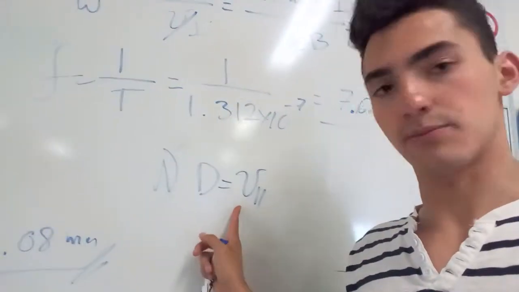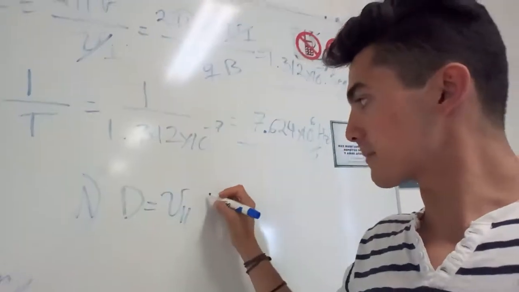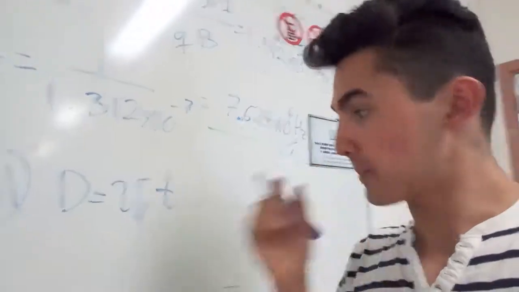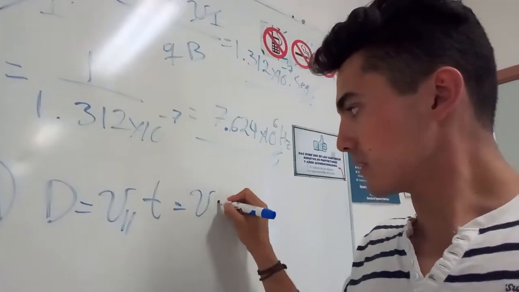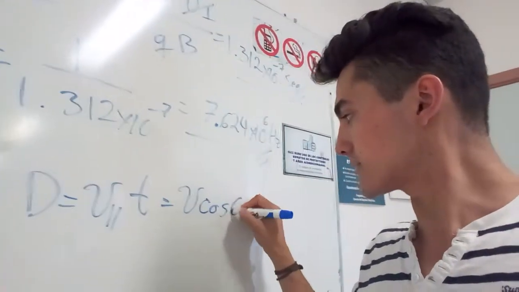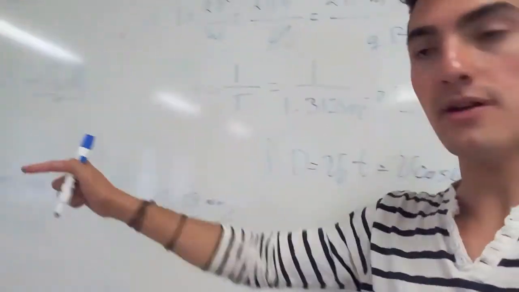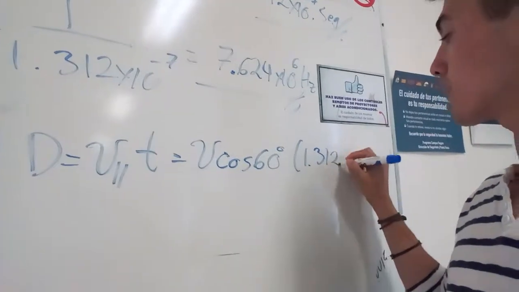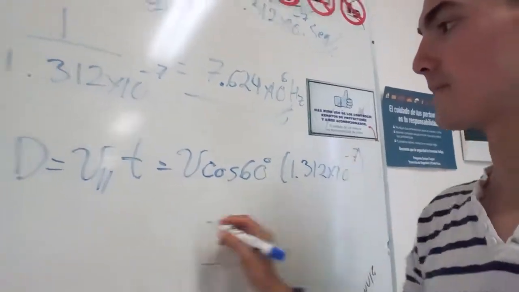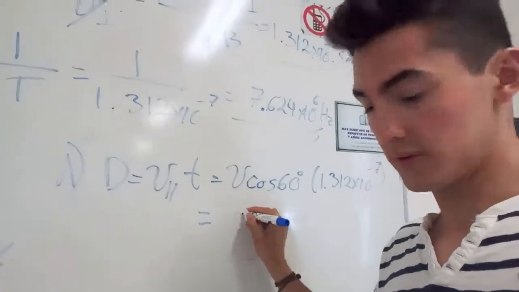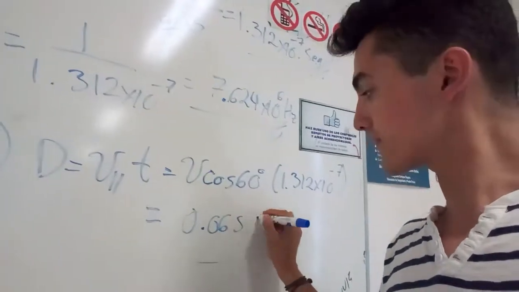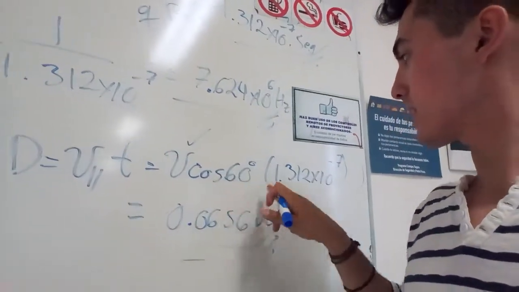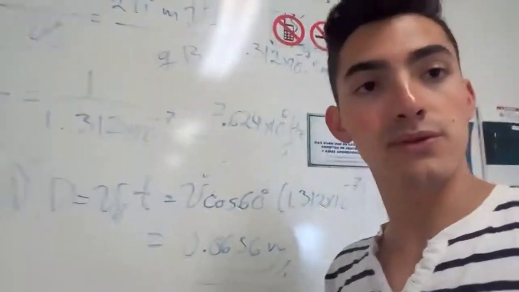That's why we're using the parallel one, times our time. So this velocity is v times the cosine of 60, and the time is equal to the period, 1.312 times 10 to the minus 7. So our distance is equal to 0.0656 meters, because we know the velocity and we know the time. And this is how you solve this problem.